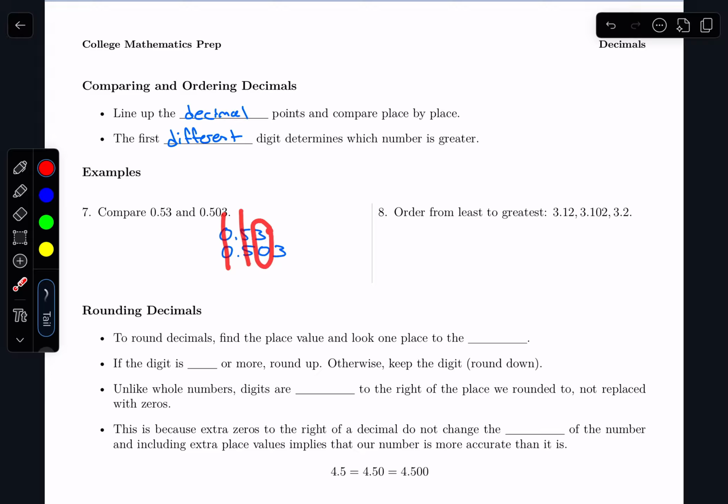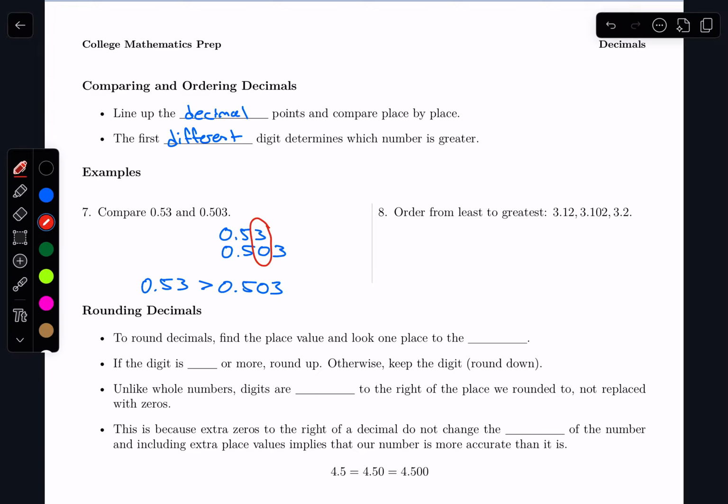The number that has the bigger value in the first different place value is the bigger number. Because 3 is bigger than 0, the top number is bigger than the bottom number. So we can conclude that 0.53 is greater than 0.503. And again, we're just comparing place value by place value until we find what's different.